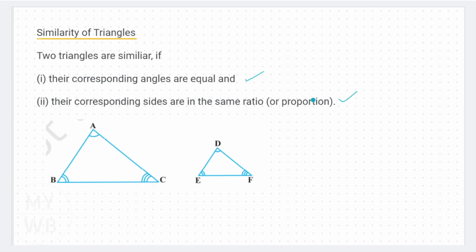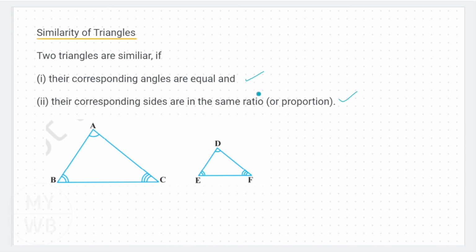In case of triangles, there are some special features. We know that in a triangle, sides opposite to equal angles are equal. So in a triangle, when any one of these conditions is true, the other condition is automatically true. That makes our job easier in case of triangles.